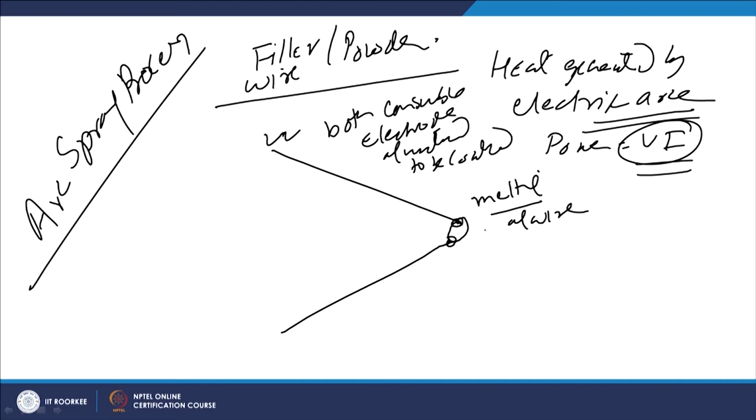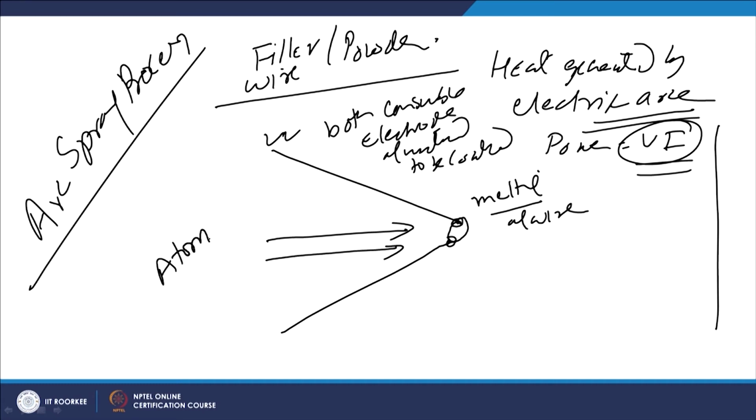So, this molten metal whatever is created needs to be transferred onto the substrate, and for this purpose high pressure air is used to atomize the molten metal drops.